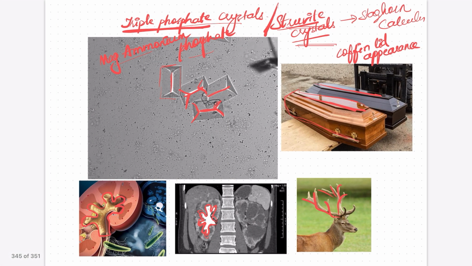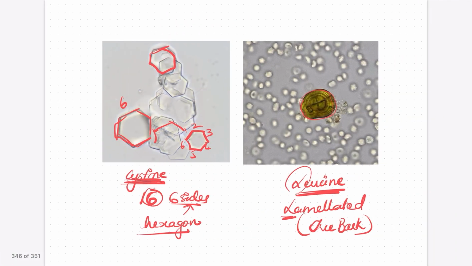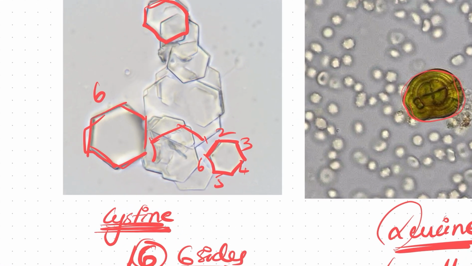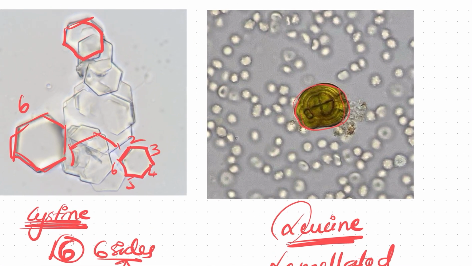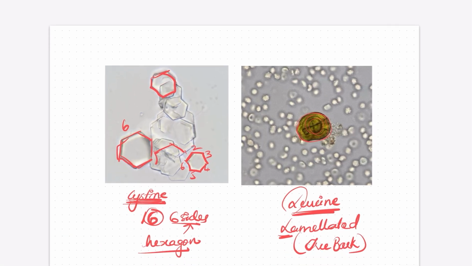Triple phosphate has the coffin-lid appearance, struvite crystals, magnesium ammonium phosphate, which also cause staghorn calculus seen on radiology imaging. The colorless hexagon has six sides, meaning cystine, 16. The lamellated appearance is leucine.